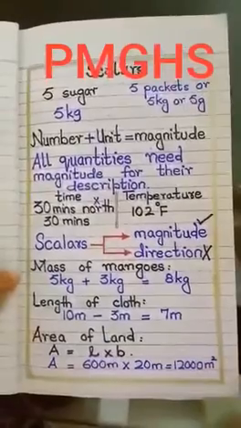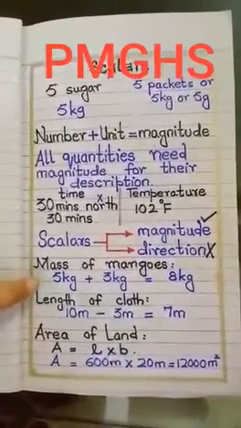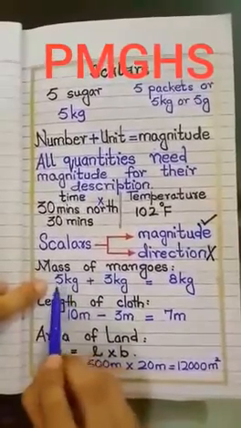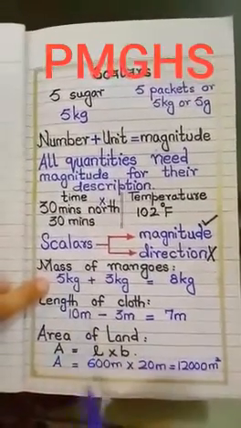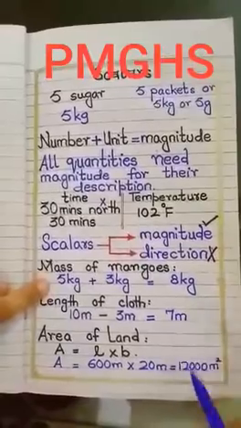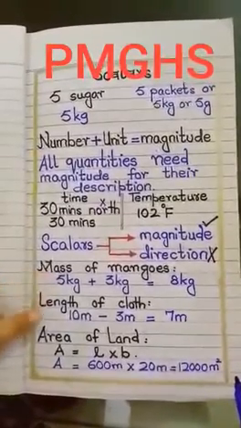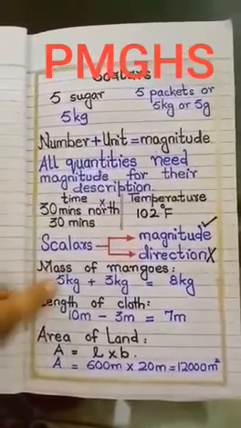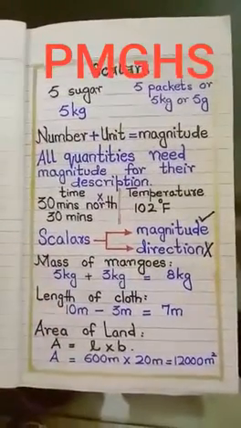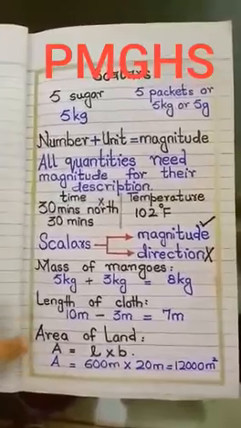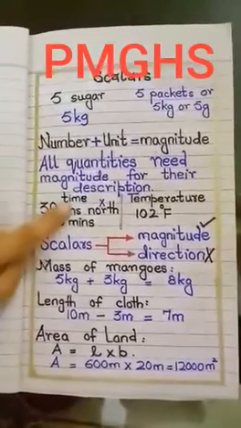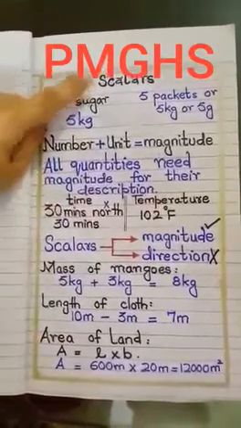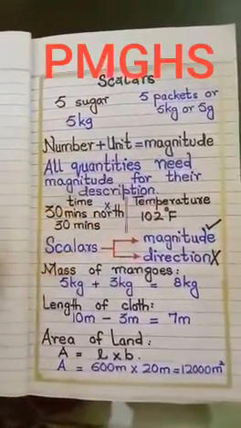From these examples you see that here I use only magnitudes: 5 kilogram, 10 meter, 600 meter, 8 kilogram, 7. So mass, length and area all are explained only with their magnitudes. So area, length, mass, time, temperature all are scalar quantities that need only magnitude for their description.